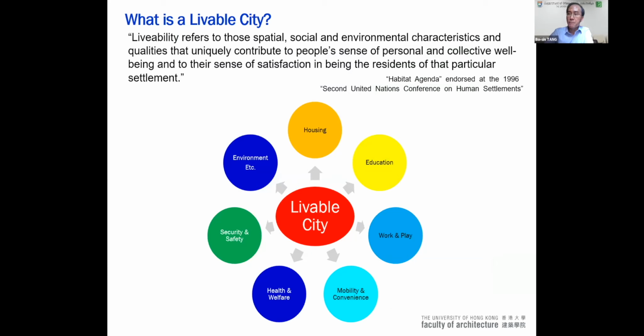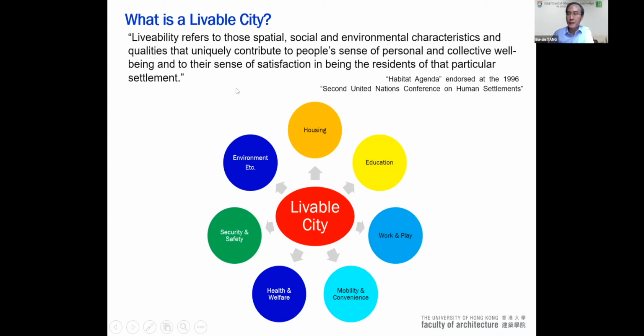So what is meant by a livable city? And what is livability? There are, of course, many ways to define it. The Hong Kong planners have adopted this definition from the United Nations Habitat Agenda. You can see livability relates very much to the sense of personal and collective well-being. But you can also see livability is not just about housing alone.